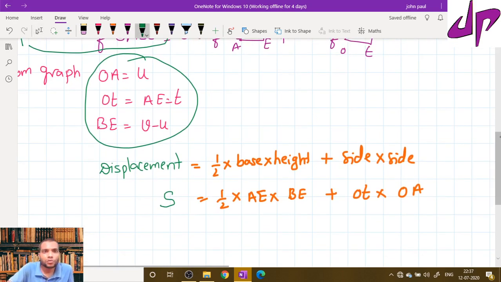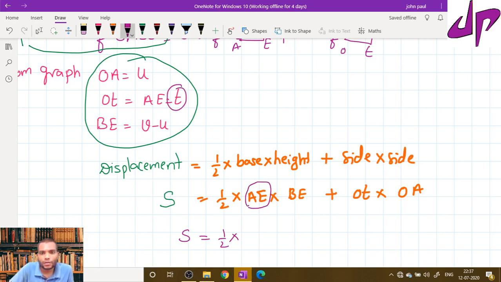Now you can substitute those values. Therefore S equals half, AE value from here equal to t, half times t times the BE value. The BE value here is v minus u.